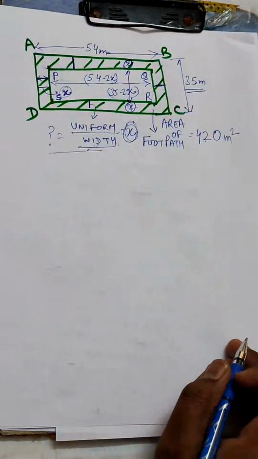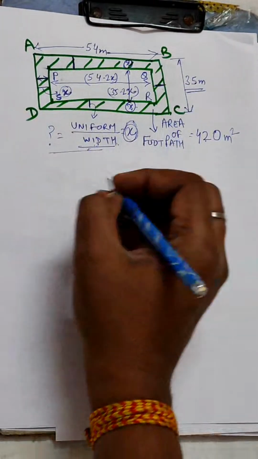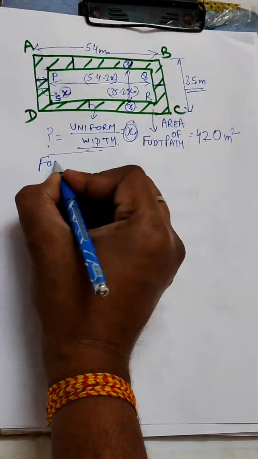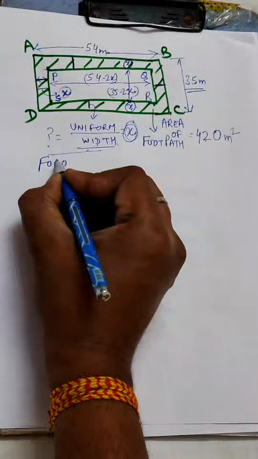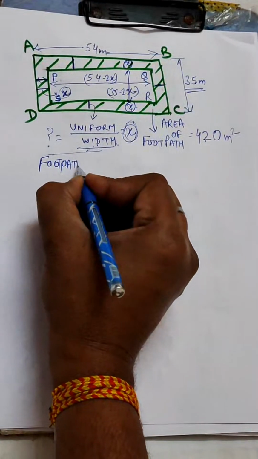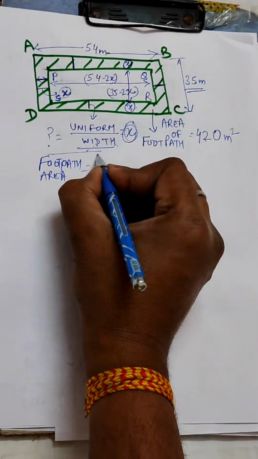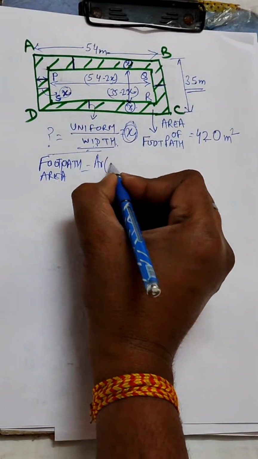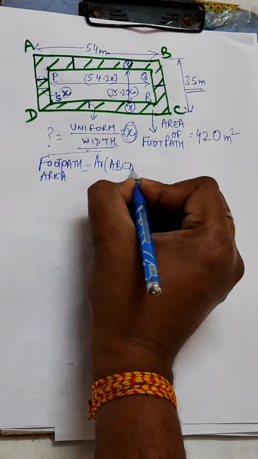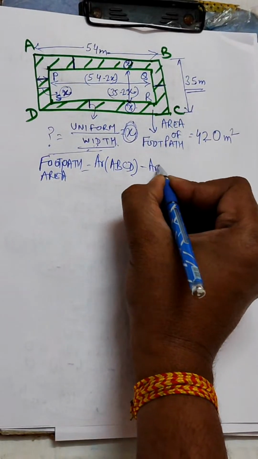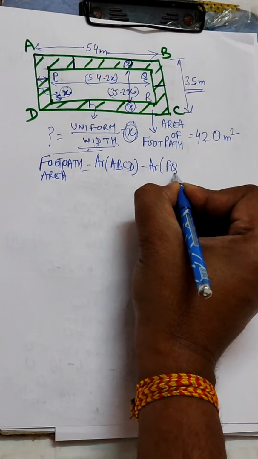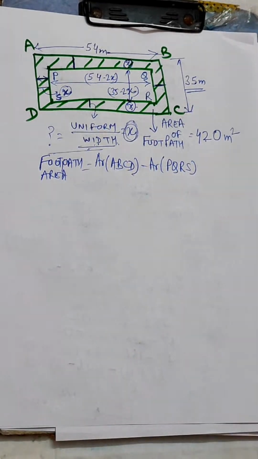This will give you the width. So the area of the footpath, I am directly writing it. Footpath area is the area of rectangle ABCD minus the area of rectangle PQRS, isn't it?